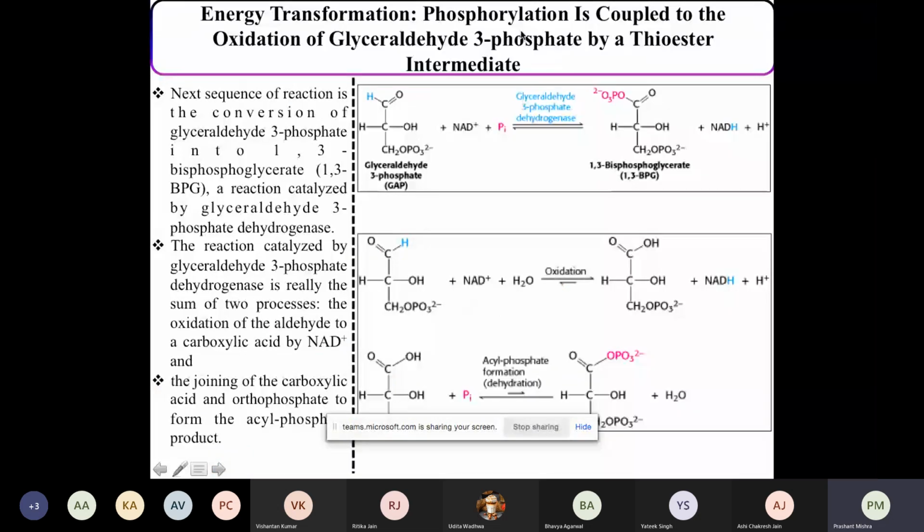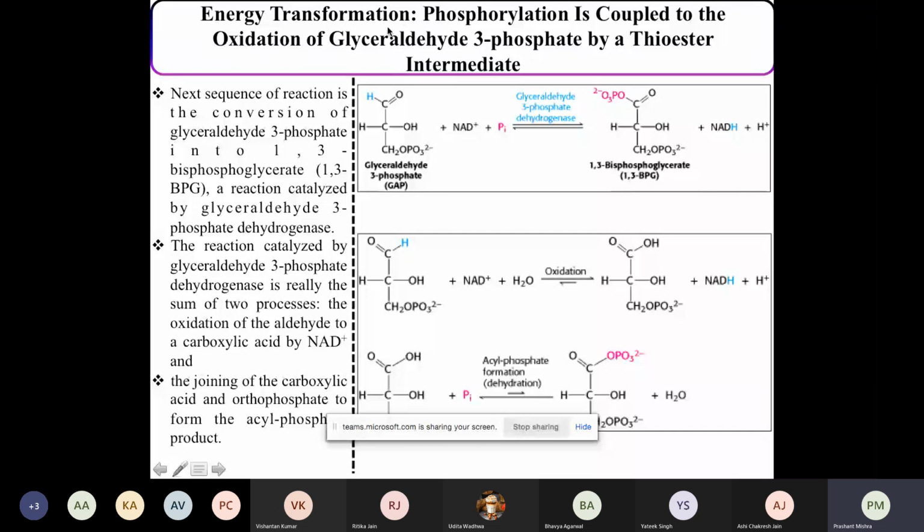Now, the last step for energy generation is where glyceraldehyde 3-phosphate will be phosphorylated, and this step is known as oxidative phosphorylation. I'll talk about this third stage in the next class. If you have any question, please ask. In this step, where energy transformation occurs, these are important steps.